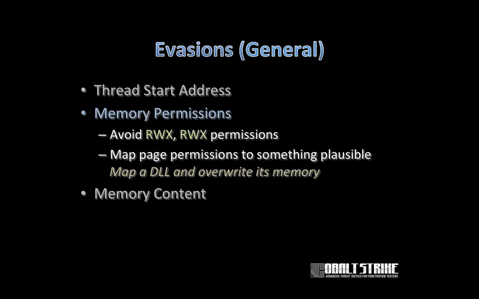Avoid these. What's the solution? Map page permissions to something plausible. In some cases, avoiding RWX is enough, but consider things like using MapViewOfFile to map a DLL into the current process space and overwrite its memory. Using things like MapViewOfFile gives you access to memory permission options that you don't have with VirtualAlloc.